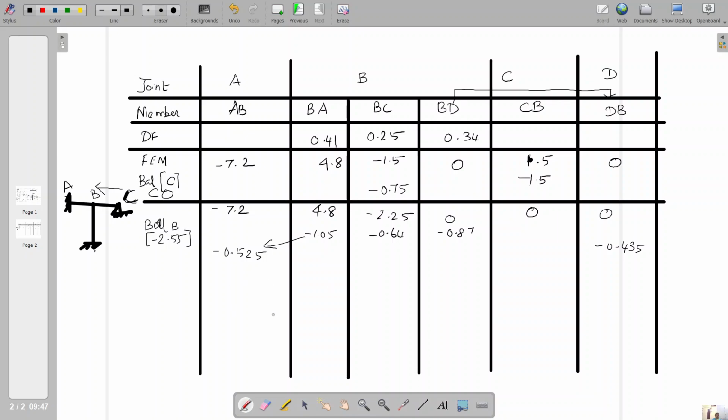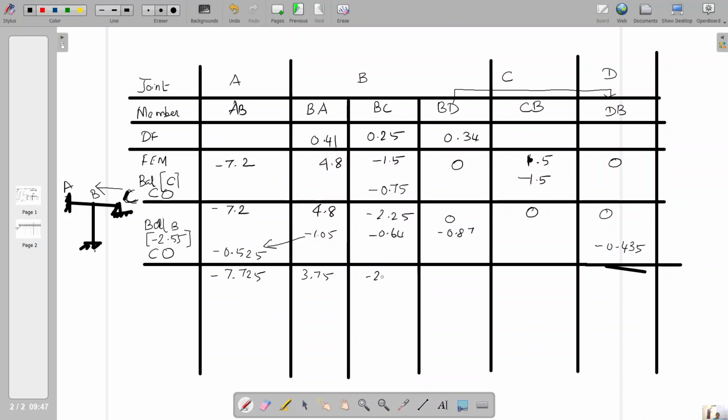Okay. Then further balancing and carryover was done. So in this step you can write carryover. You add these values: minus 7.725, here 3.75, minus 2.89, minus 0.87, C to B is 0, and here it is minus 0.435.